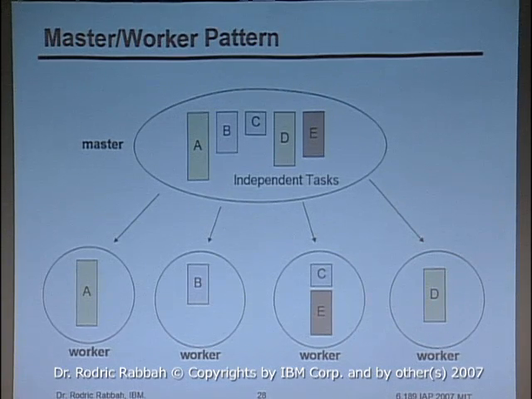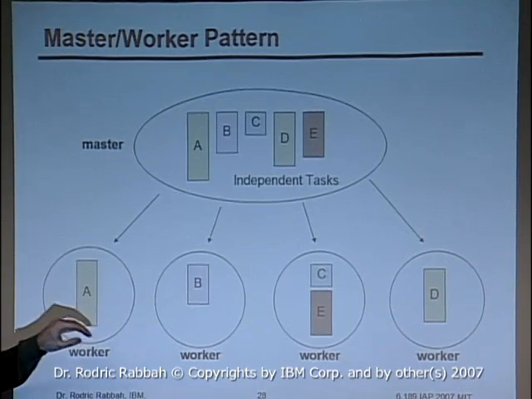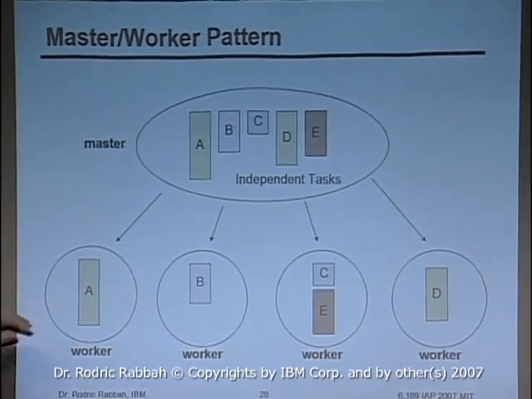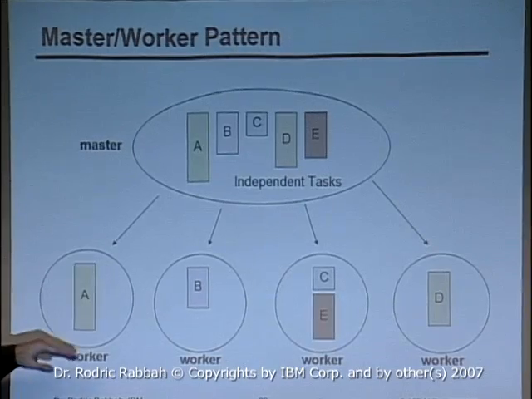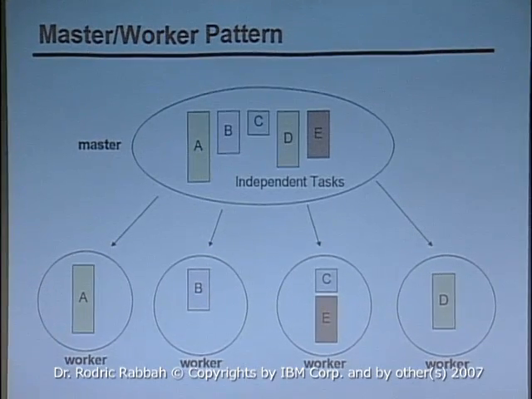If each of your tasks vary in nature, and they might finish at different times or they require different kinds of resources, you can use this model to view your machine as a non-symmetric processor. Not everybody is the same, and you can use this model really well for that. So you can distribute these, and then you can do dynamic load balancing, because as workers finish, you can ship them more and more data.